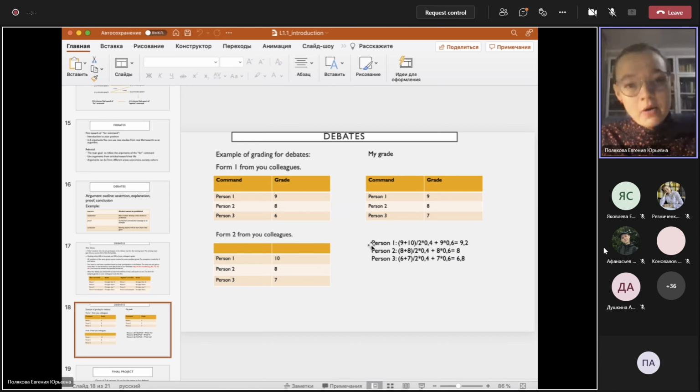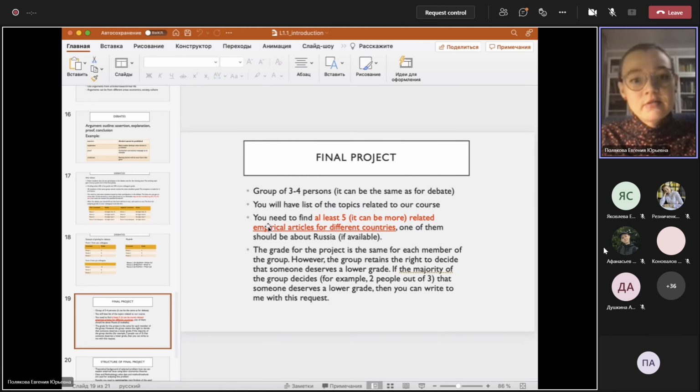So in our example, the first person gets this grade, the second this grade, and the third this grade. I tried to explain it in real detail for no confusion further. You have this presentation in LMS. I hope it's understandable.